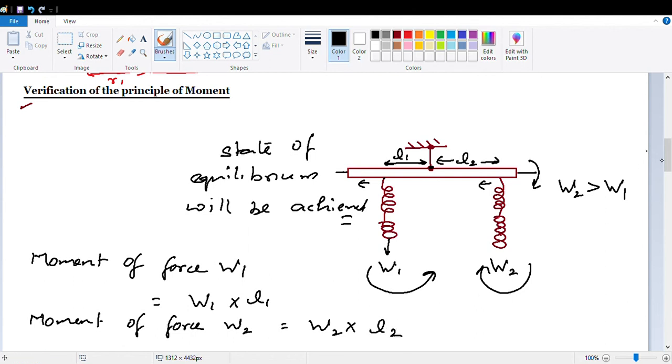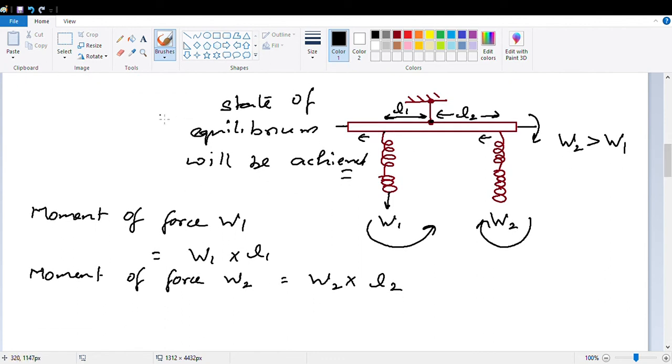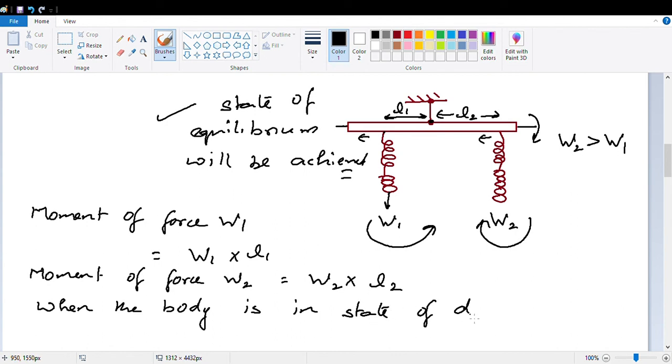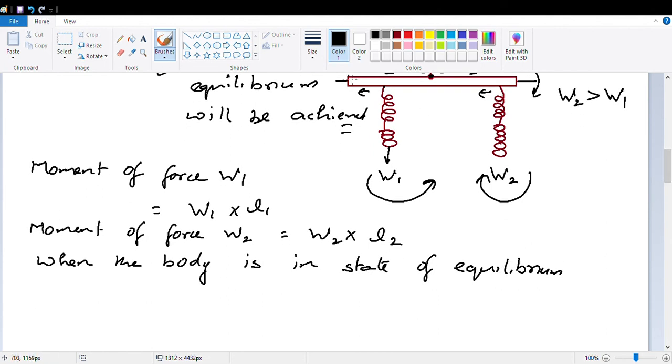Now, if the body is in state of dynamic equilibrium or static equilibrium, I am writing here only state of equilibrium, then what will happen? This scale is not moving at all. So one is rotating the scale in clockwise manner, the other in anti-clockwise manner.